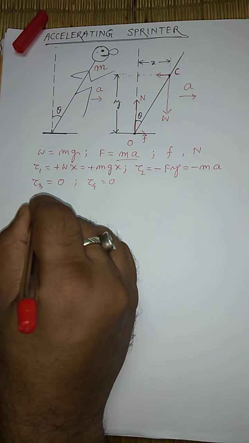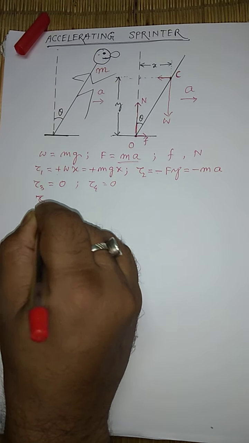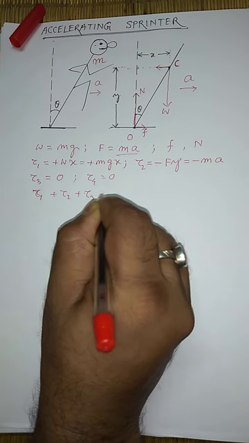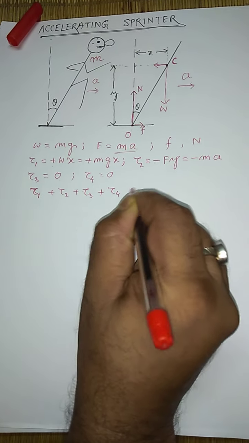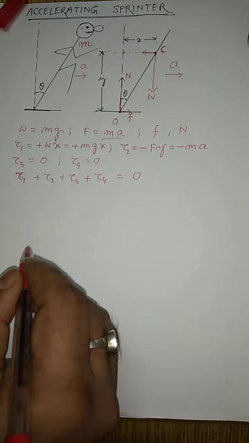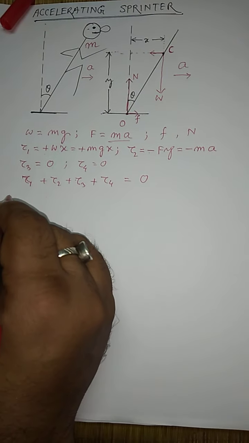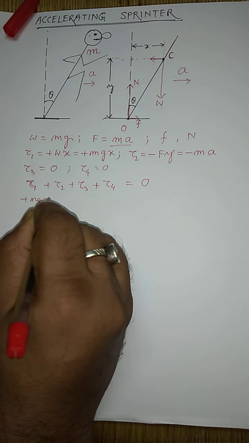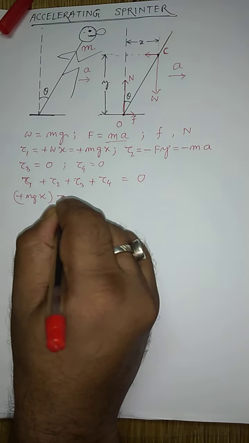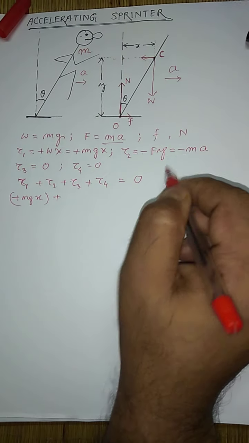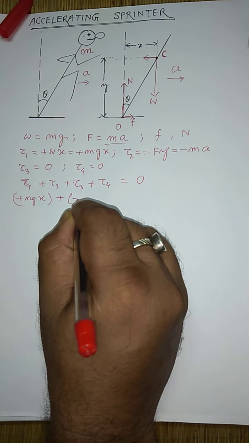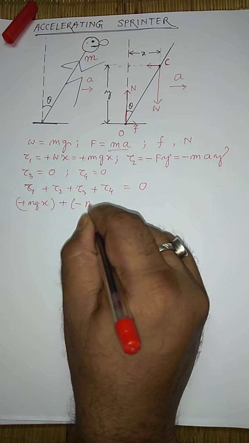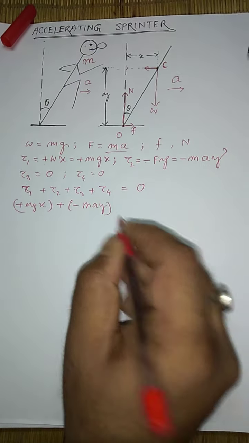Thus we can write tau 1 plus tau 2 plus tau 3 plus tau 4 is equal to 0. In place of tau 1 we write plus mgx. In place of tau 2 we write minus may.